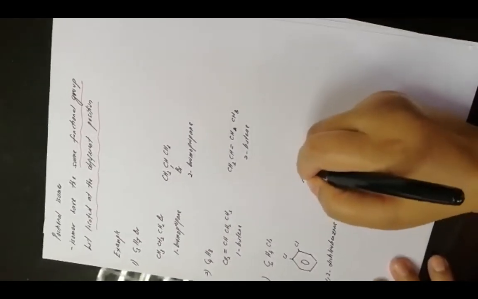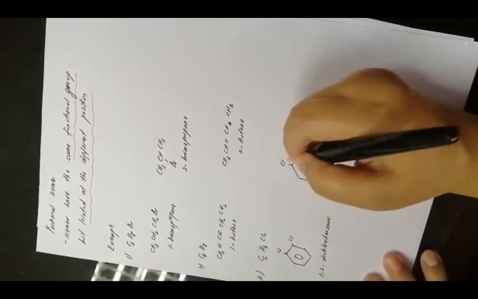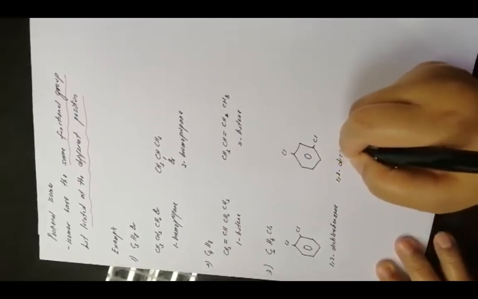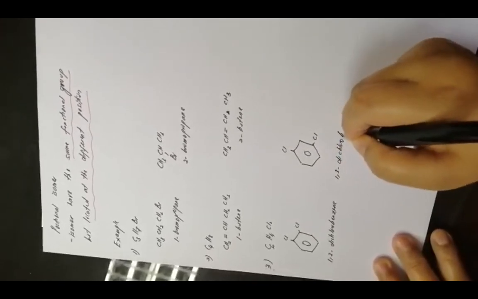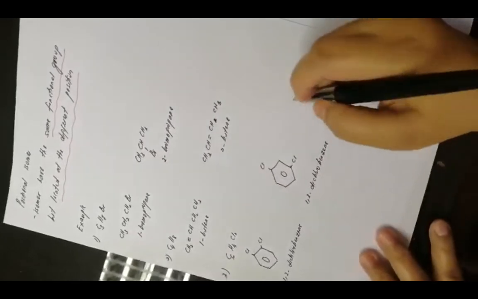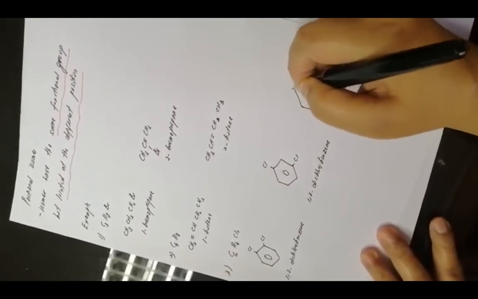And then for the second structure, we can change the position of chlorine, which is we can put it at the first and third carbon. So the name of the compound is 1,3-dichlorobenzene.